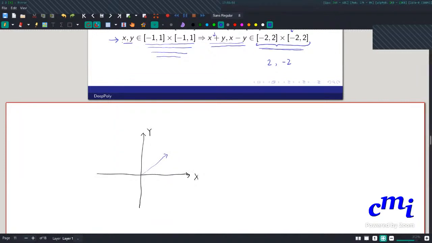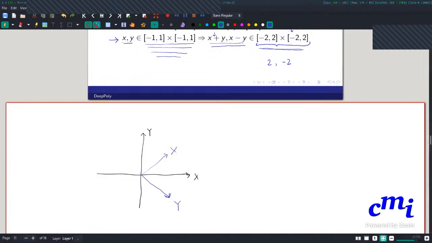And then it takes the vector along the y-axis to (1, -1), so it takes it to here.